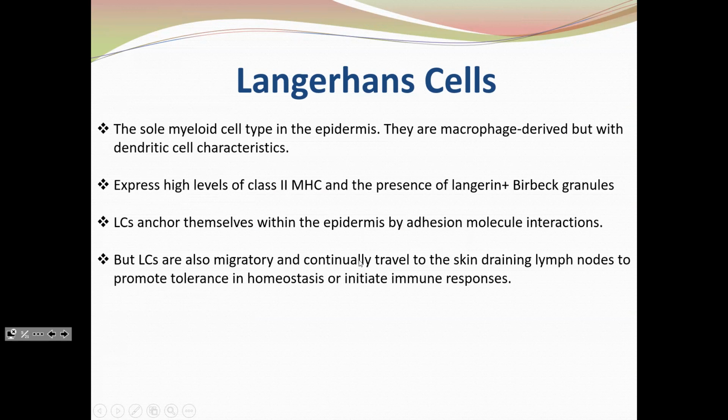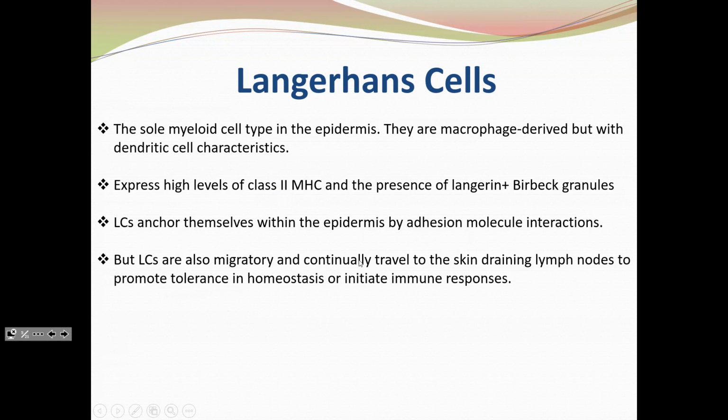And for a long time, there was a lot of controversy about whether they were actually dendritic cells or whether they were macrophages or derived from macrophages. It's now accepted that they are myeloid-derived cells. So in other words, they originate from the same precursors that monocyte macrophages originate from.